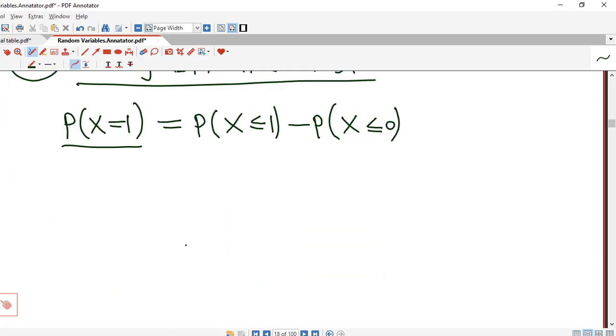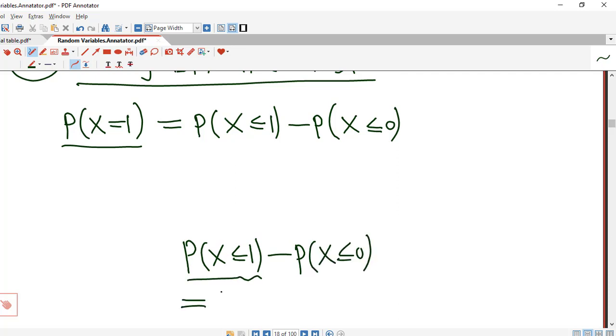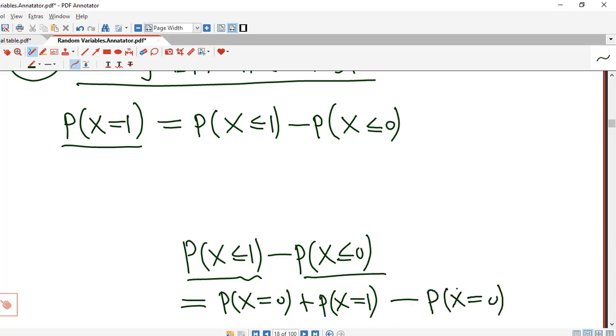This means we have to add probabilities up to 1, and this means probabilities up to 0. So there is only one probability left, so these two will cancel out, and this is equal to probability that X equal to 1.